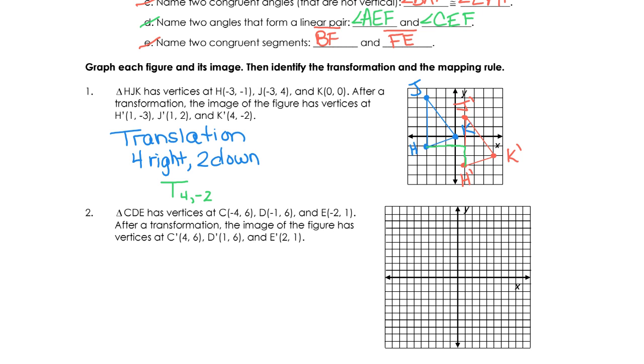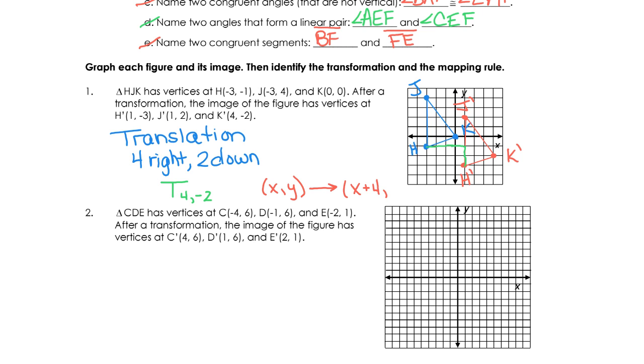So the next thing we're going to talk about is the mapping rule. Okay, a mapping rule tells you what to map the coordinates on. So all coordinates start off as x comma y. And then we draw a little arrow to show what they're mapping onto. And what we're going to do to the x coordinate is we're going to go 4 right, which is the same thing as adding 4. But you're adding 4 to the current x coordinate. So it'd be x plus 4.